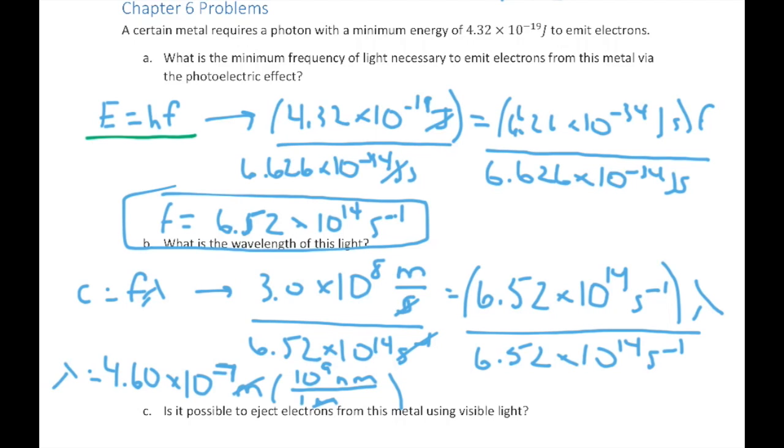So units will cancel out, and we're left with, again, just putting that into the calculator, we multiply by 10 to the 9th power, and we get 460 nanometers. Okay. Good. So that's the answer. That's the wavelength of this light.